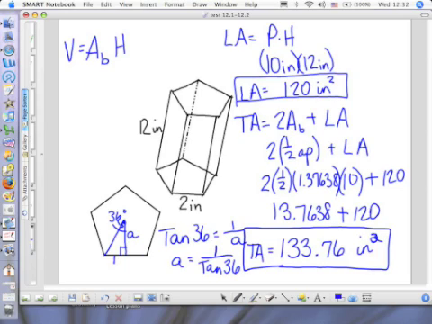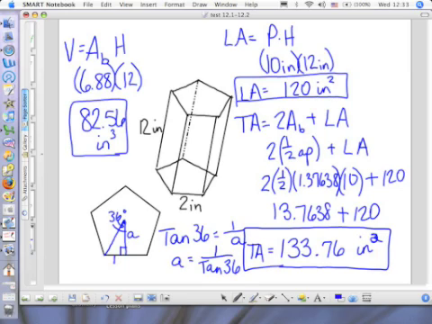So half of 13.7638. So the area of your base is actually 6.88. And the height of your prism is 12. Which means your volume is 82.56 cubic inches.